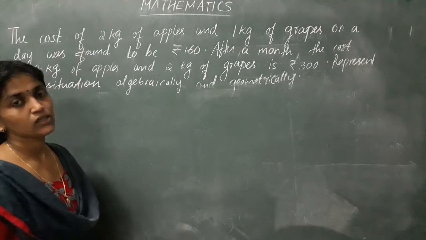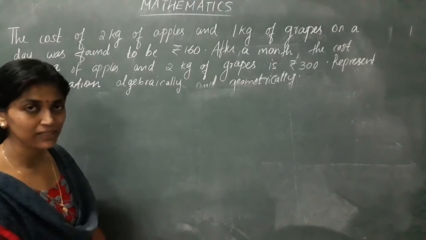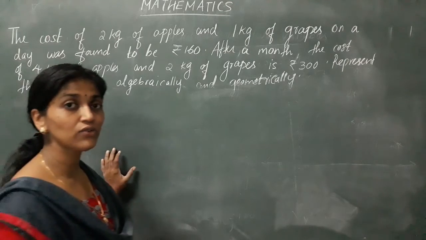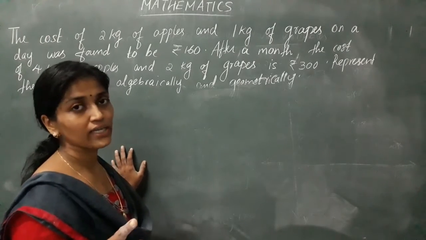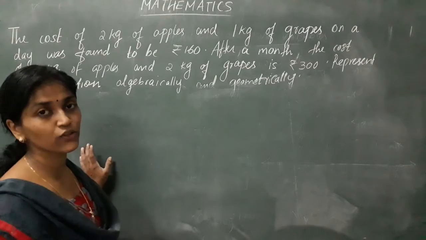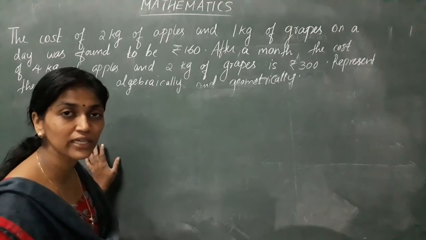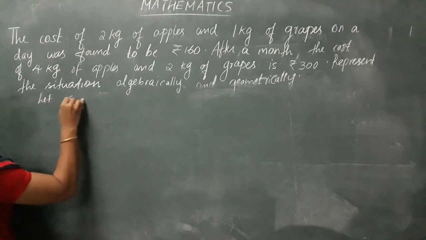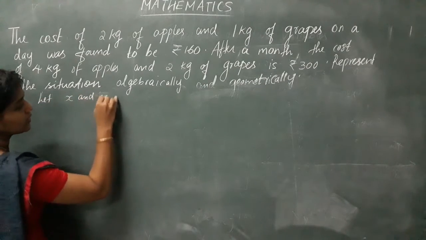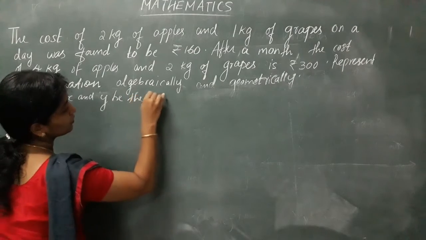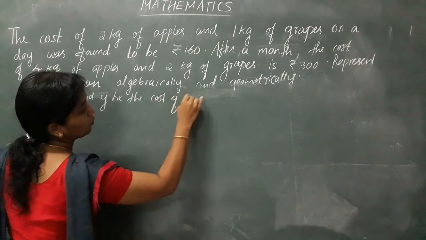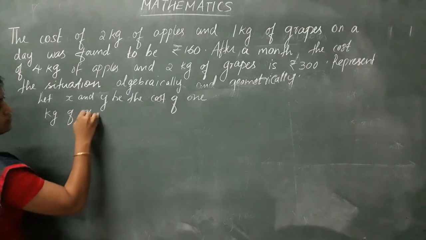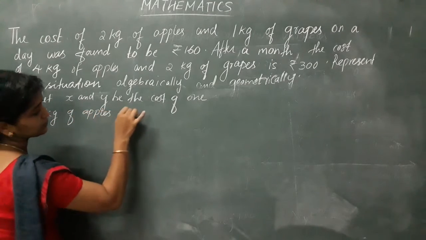For that, the total cost of 2 kg of apples and 1 kg of grapes is given as 160. So here we have to take variables x and y. You have to take the variables as the cost of 1 kg of apples and 1 kg of grapes. That is per kg, you take x and y. So let x and y be the cost of 1 kg of apples and grapes.